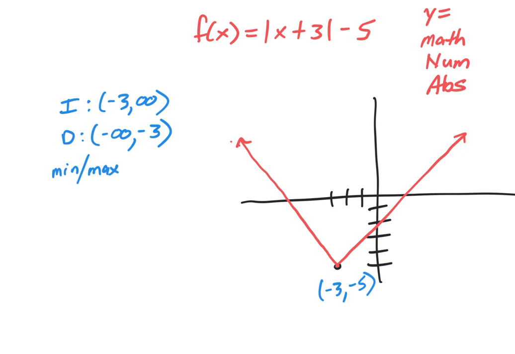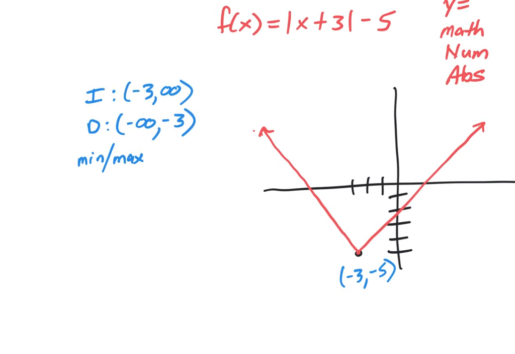Okay, this one we're going to call a minimum because this is the low point that it reaches. It will never get below that point. So that will be the lowest point it reaches, which makes that a minimum. On this one, we don't have a maximum because the graph's going to go up forever and never hit a high point.